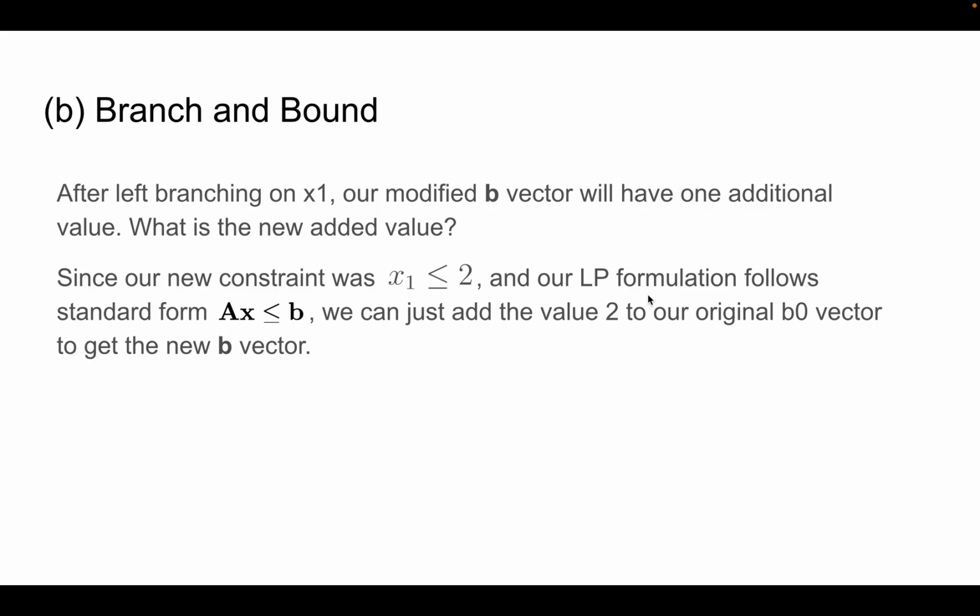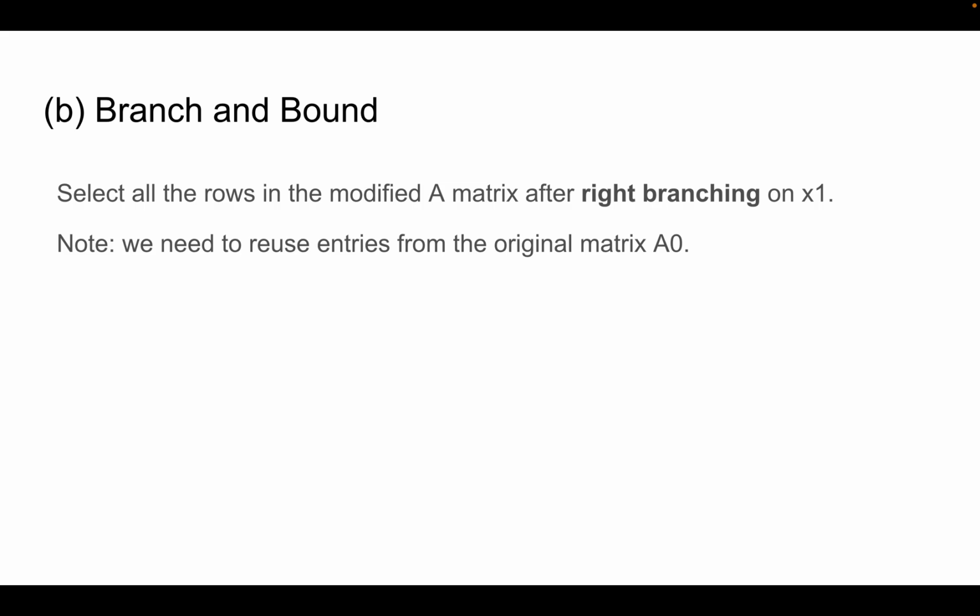So it's very similar to how we modified A. We added that extra row after preserving all the constraints from the original LP. Similarly, we're going to preserve all the values from the original b vector and just add in that last value for that last row to represent that last constraint. So that's left branching.